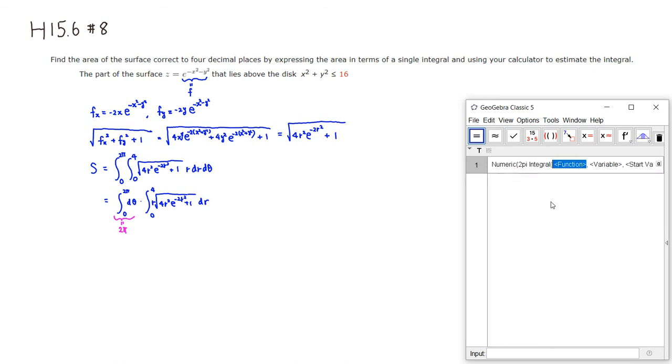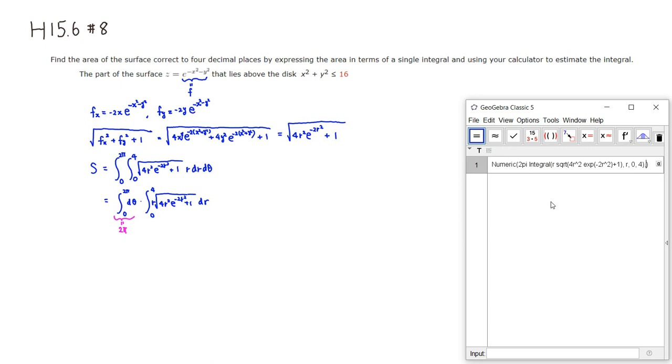Here I have an integral, the integrand is r times the square root of 4r squared e to the negative 2r squared, then we have plus 1, the variable is r, the starting number is 0, and the ending number is 4.